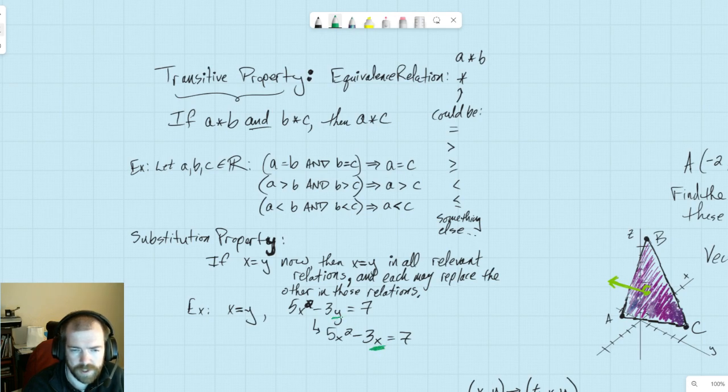So we can replace y with x instead and make it an easier problem at some point in the future.